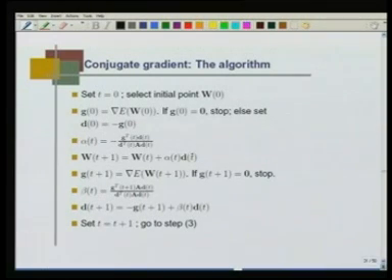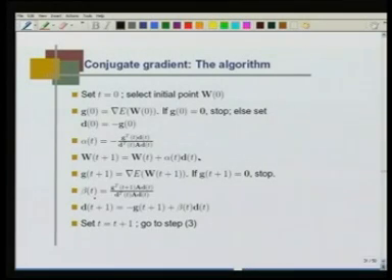Using alpha t we update the weight vector, using beta t we update the direction vector, and this process is repeated. I hope the algorithm is very simple. So, conjugate gradient needs to recursively compute two specific quantities, one is alpha t, another is beta t. Using alpha t we update the weight vector, using beta t we update the direction vector. This is the principle of the conjugate gradient algorithm.